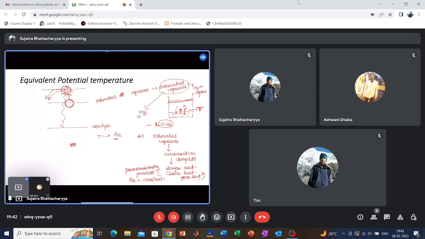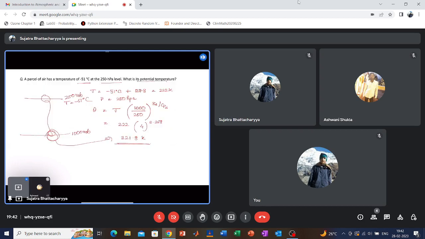If I bring it back, whatever the temperature was here, the same temperature will be here, because no extra latent heat has come and there are no particles left within this air parcel which will take up latent heat and become vapor again. So theta E remains constant. The equivalent potential temperature will always remain constant in a pseudo adiabatic process, whereas in the adiabatic process, in the previous case, the potential temperature theta remains constant.